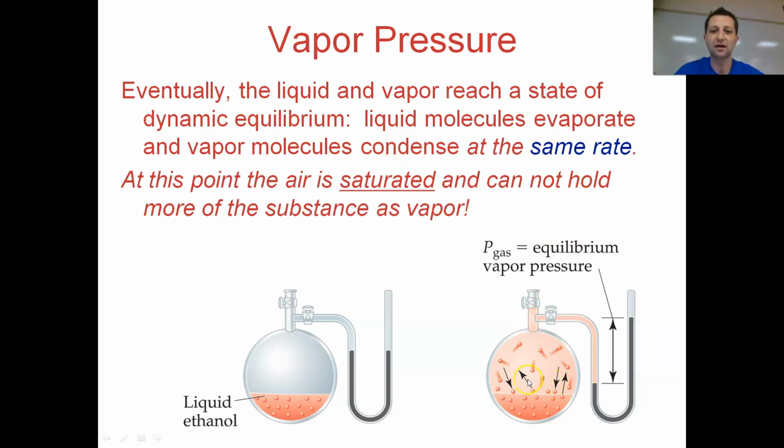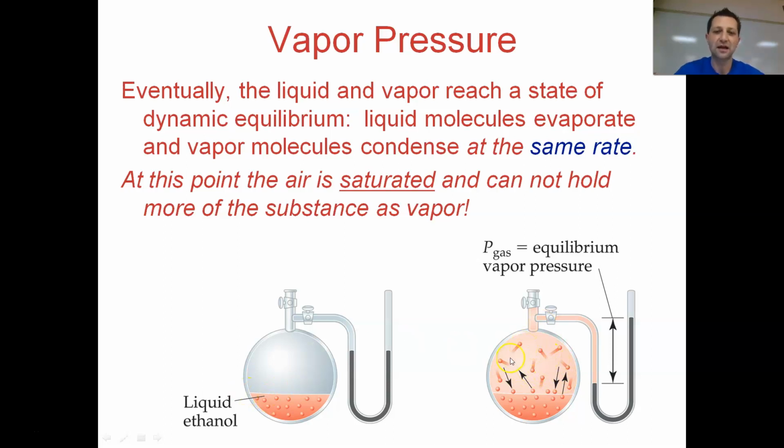So that's really neat when that occurs here. And you can see that some of the arrows are going up from liquid to gas and some are going from gas to liquid. Happens all at the same time if we could try to visualize that happening. We call that a saturated solution, a saturated system here. The air is saturated and cannot hold any more vapor. In this case, it's ethanol vapor, okay?